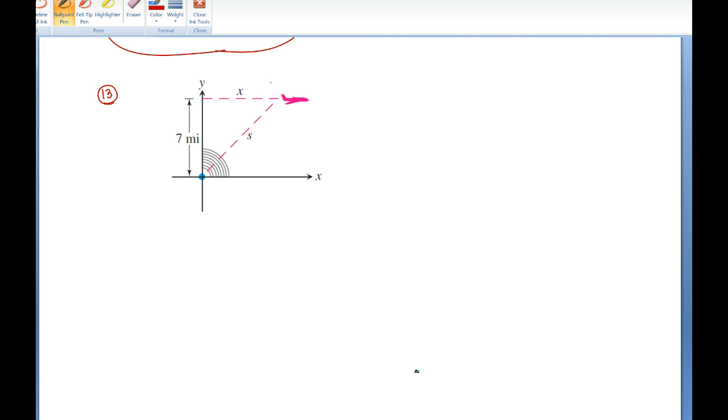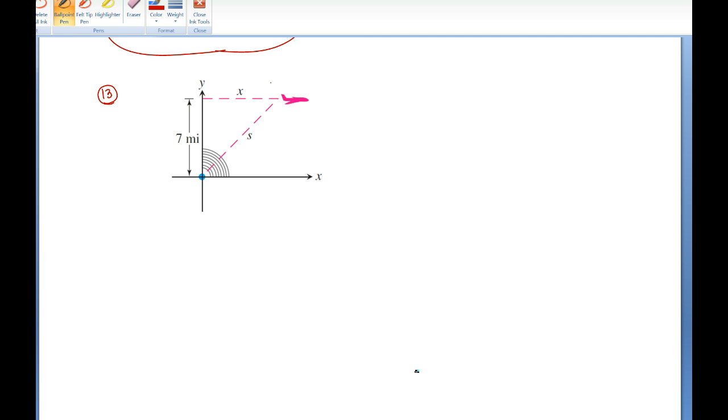An airplane is flying at an altitude of 7 miles. So 7 miles is the height. That is constant, so we actually have a constant here. So Y is 7, however you want to label it.